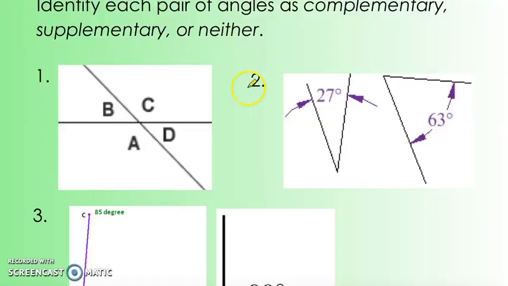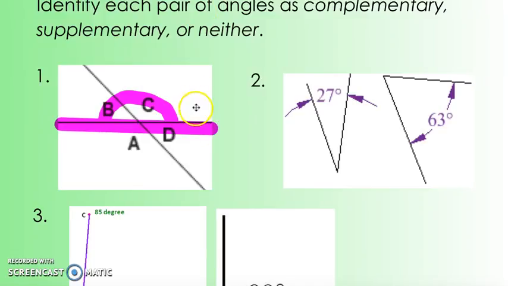Here's what I notice: if I draw a line, kind of like an arc, through B and C, so this is angle C and this is part of angle B, look what angle it creates. It makes a semicircle, a half circle, and it also makes a straight line. Do you see the straight line right here?